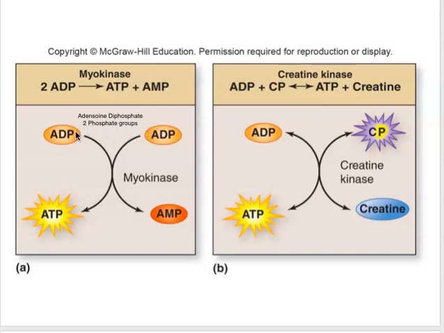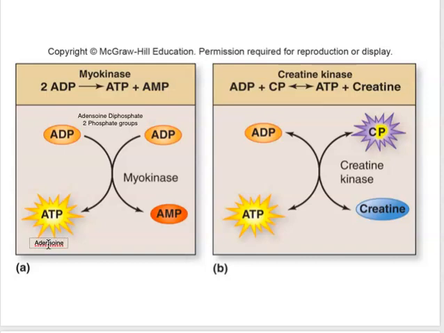And we take one phosphate group and add it to the other ADP, and then we end up with ATP, which is adenosine triphosphate, so three phosphate groups, and we also end up with adenosine monophosphate, just one phosphate group.